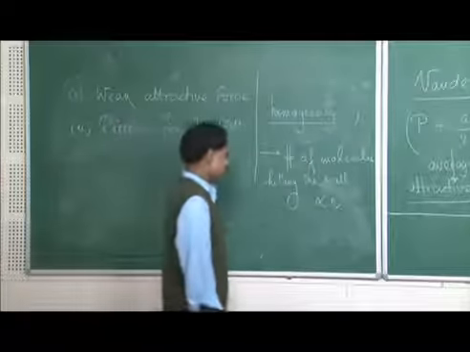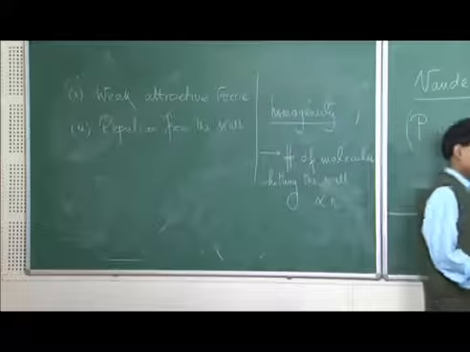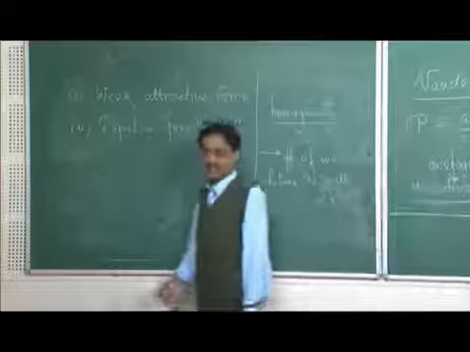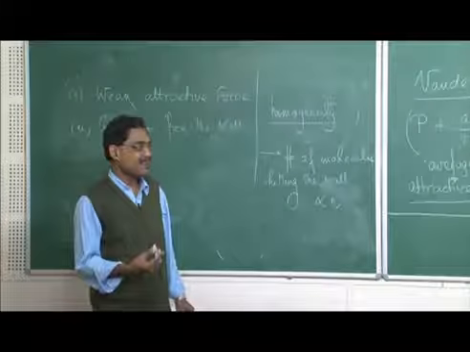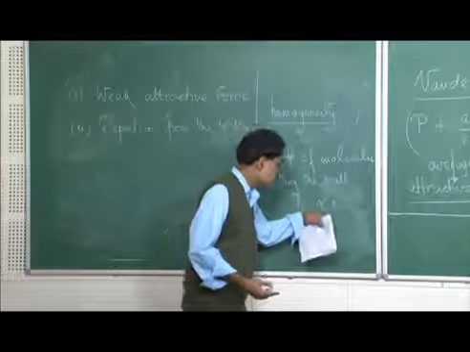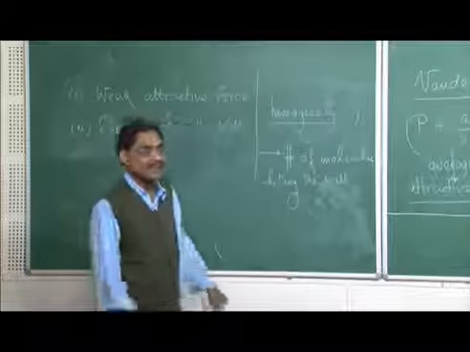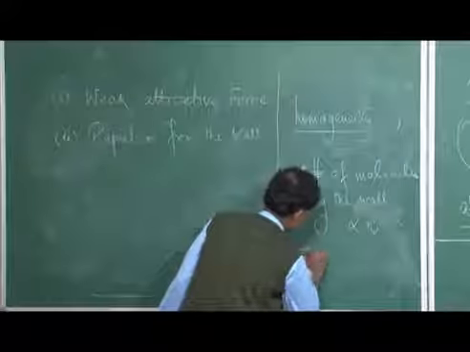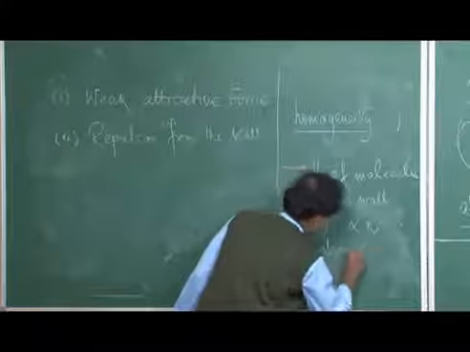Secondly, how many molecules are attracting it inside? The number of molecules on the wall is n by V, and whatever is attracting them will also be proportional to n.